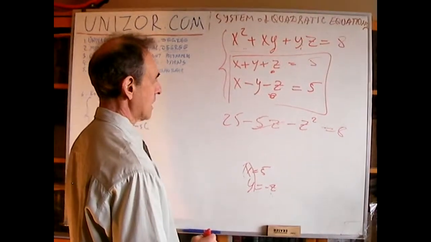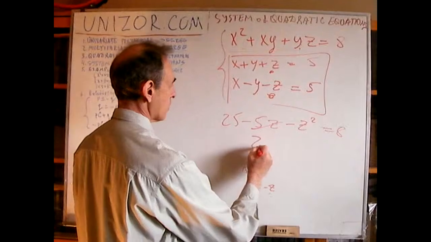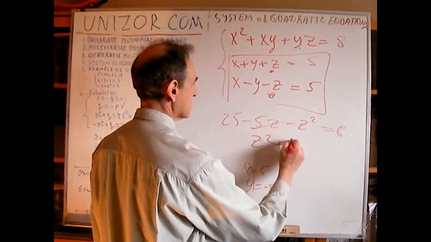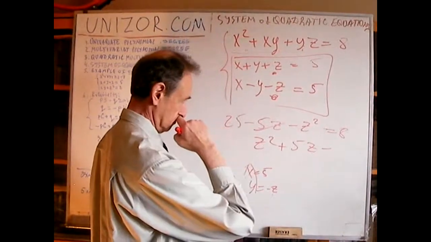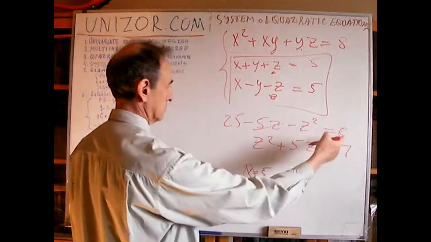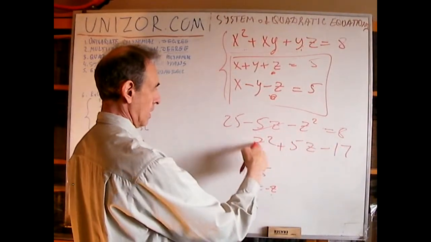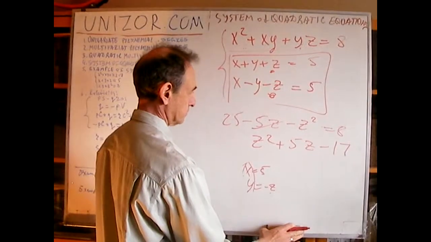Now, what happens? Is this an equation which does have solutions? Well, it's z squared plus 5z minus 17, right?